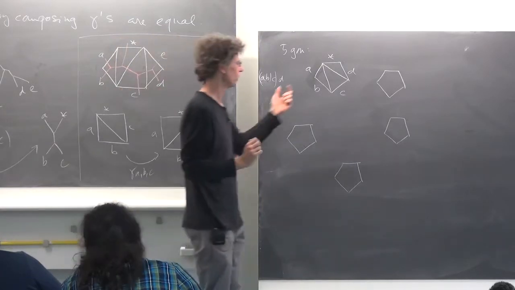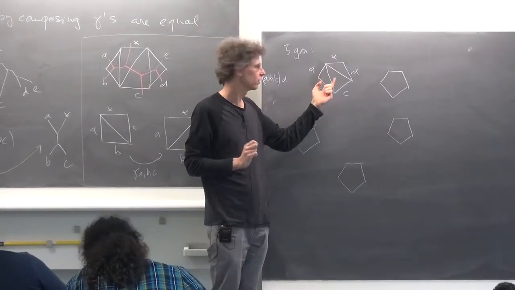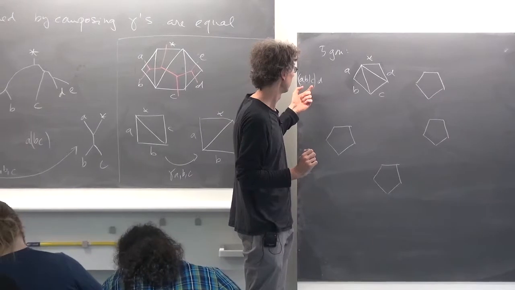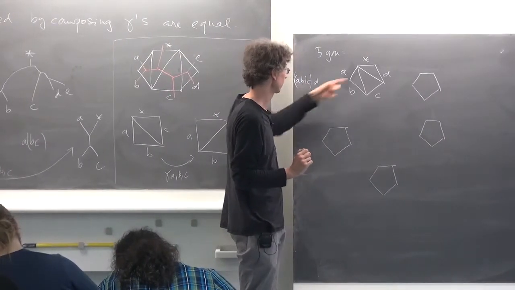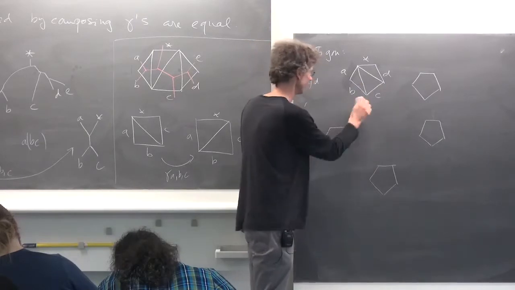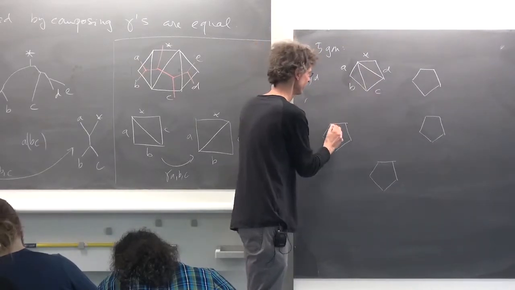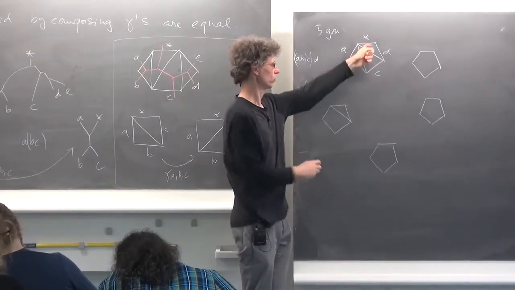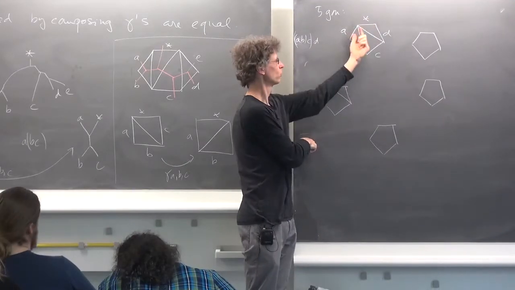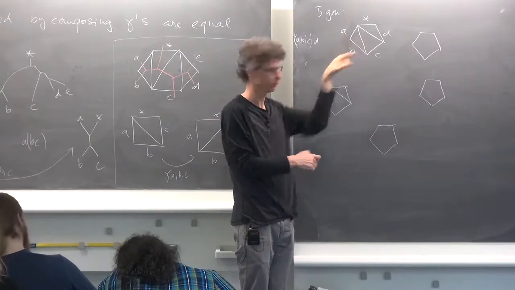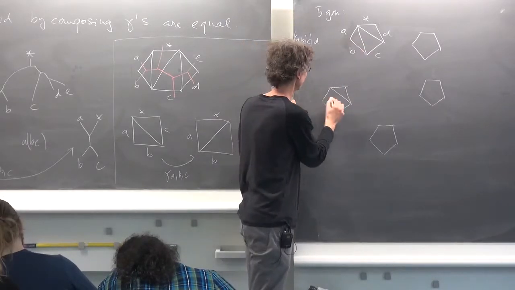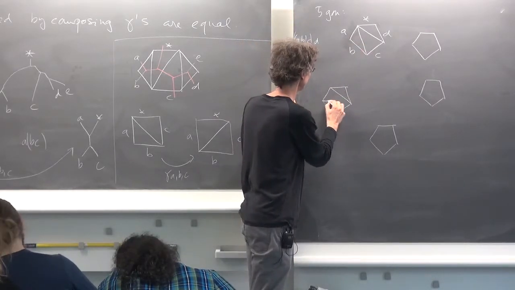Okay, and now what we can do, to have the same order: I will have the same order if I go from here to there. How? I will just forget about this triangle. I will concentrate on these two triangles, and there I do the flip. I do the flip here.